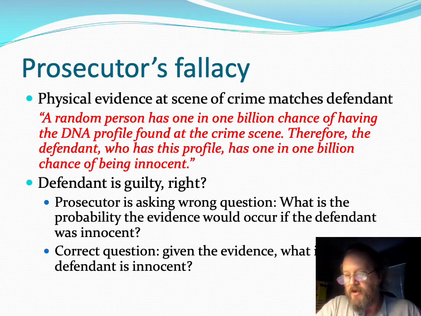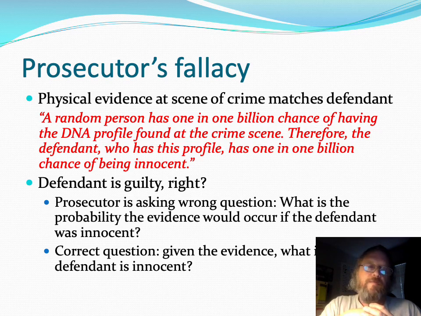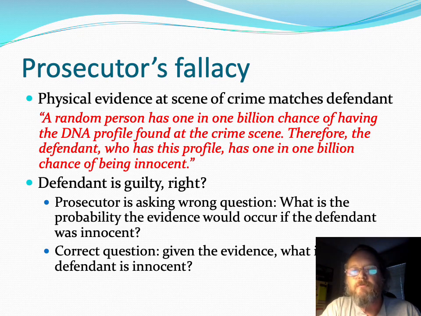And so I'm going to give an analogy here, and it's called the prosecutor's fallacy. It's the idea that okay, the physical evidence at the crime scene matches the defendant, right? So the prosecutor's fallacy would use probability something along these lines. A random person has 1 in 1 billion chance of having the DNA profile found at the crime scene.